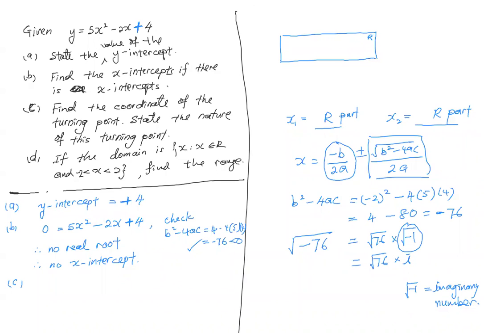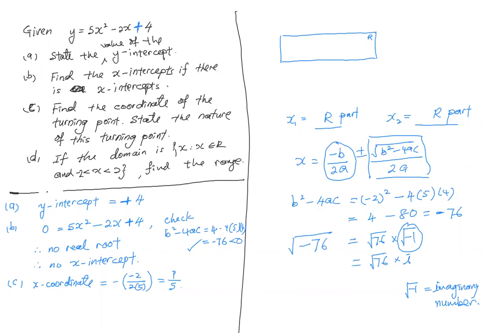So part C. Find the coordinates of the turning point. So we have the formula, correct? For the x coordinate, we use negative b over 2a. So it's 1 over 5.